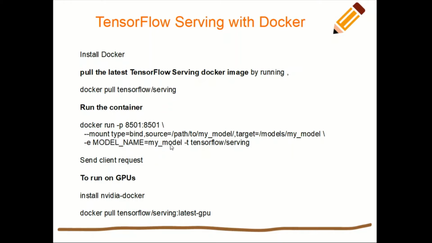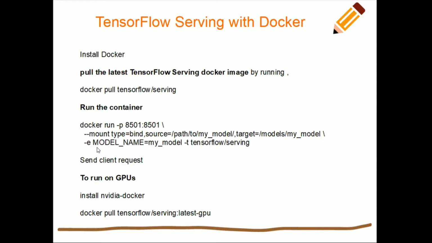And we are going to specify the source, where our model is and where it is going to be copied onto the container. So this is where it is going to be copied onto the container, and this is the path where it existed on the local storage.